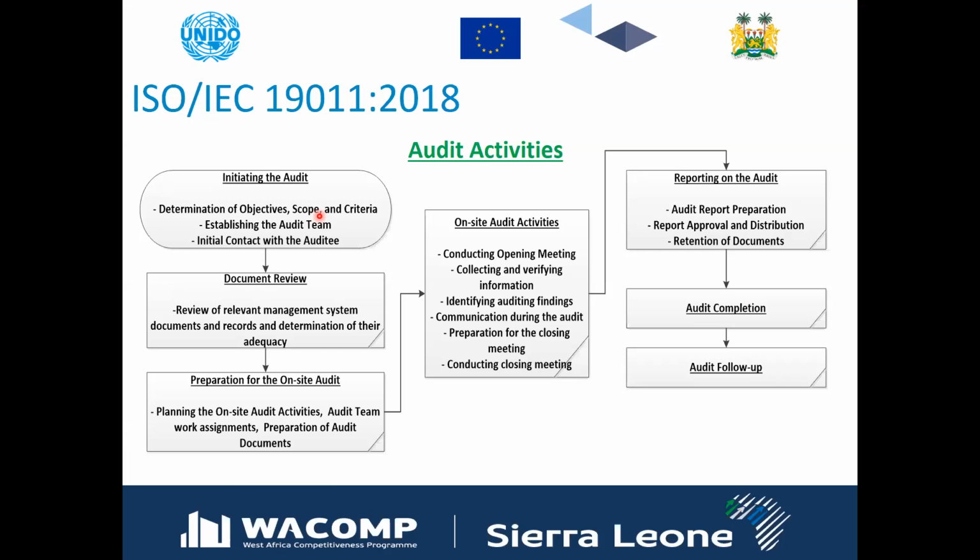Then, in initiating the audit, you have to develop the audit team. Normally, the certification manager, that is the head of the certification body, decides about the lead auditor, and the lead auditor then develops his team, what type of auditors should be included in his team, and what kind of technical experts he requires, depending upon the information in the application the auditee company has provided.